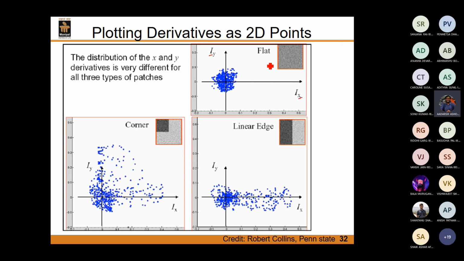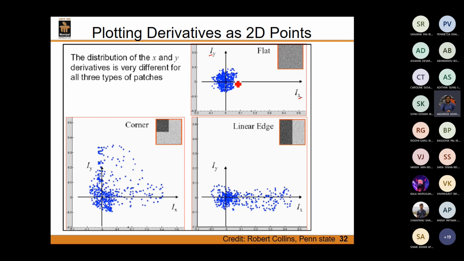So if I'm considering a flat region, where you have just a little noise throughout, but the basic underlying image or region is the same, then when I'm trying to find the gradient along the x direction and y direction, I do see a few gradient vectors, but they are not significant.